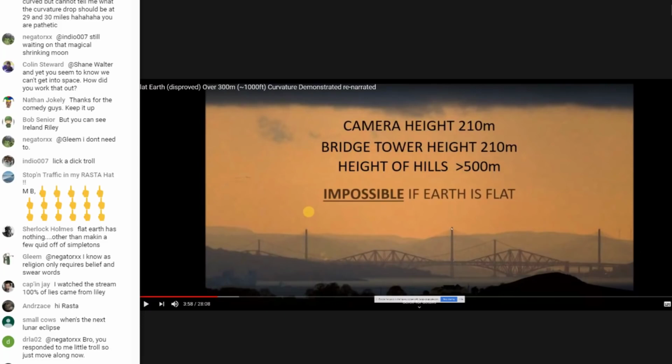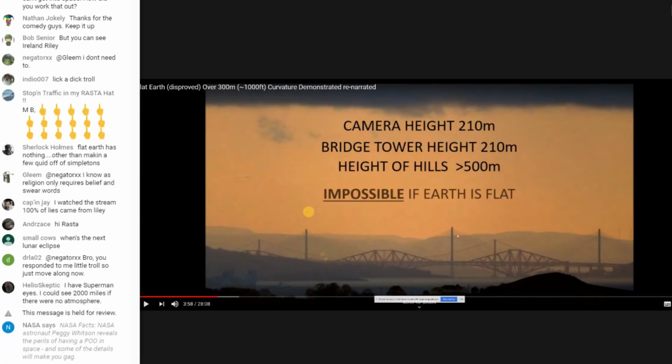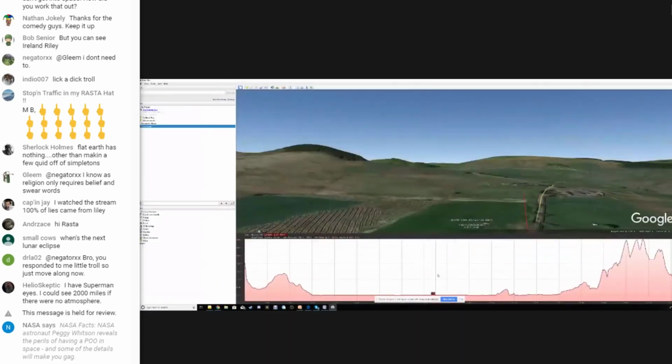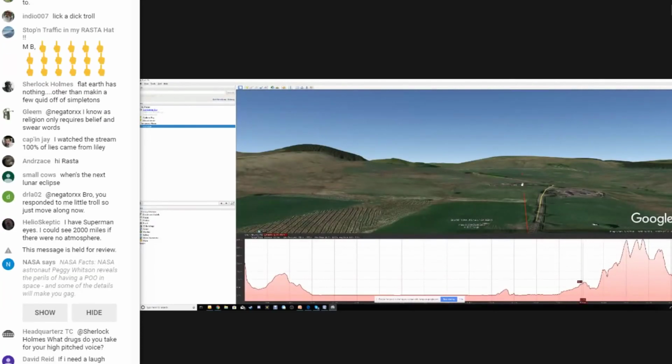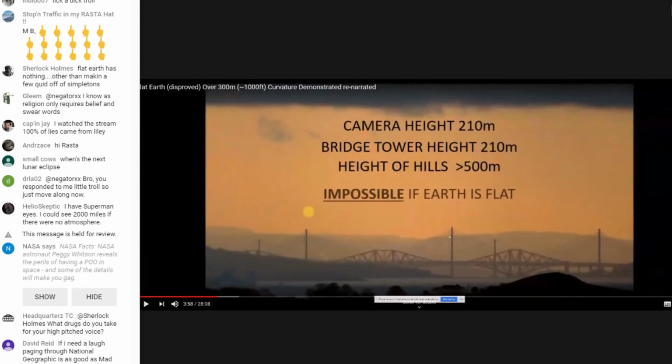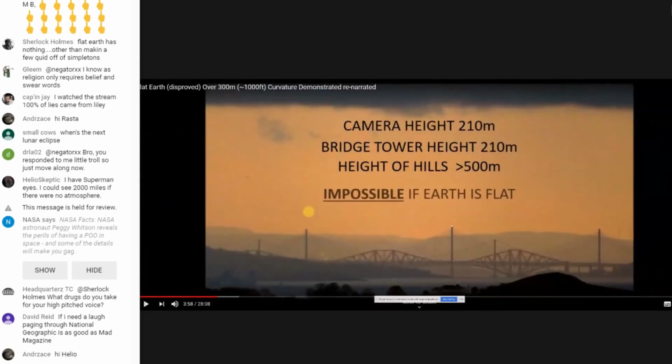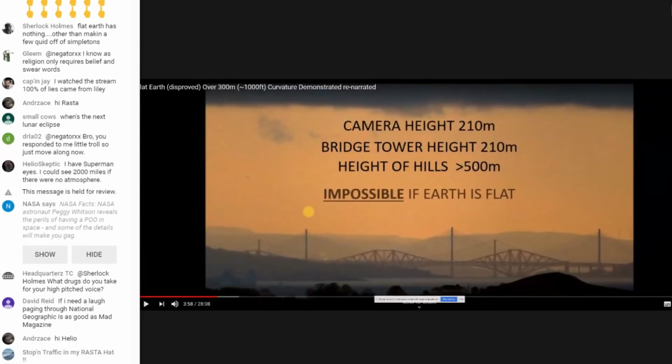But the problem is when he's referencing the stanchion, he's referencing the land behind it, and that's what his comparison is to. Now, this land behind it, according to what Google Earth reliably tells us, is no higher than 350 meters. But if that's 350 meters behind, and this is 210, it isn't greater than 500 meters, which is the way he represents his claim. And that isn't debunked, mate.